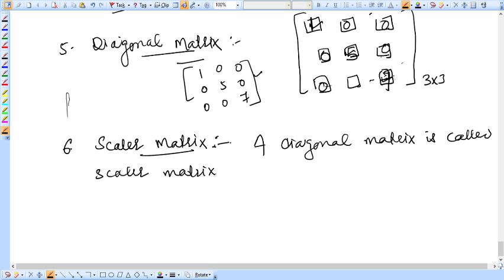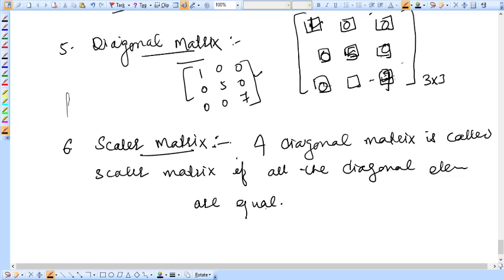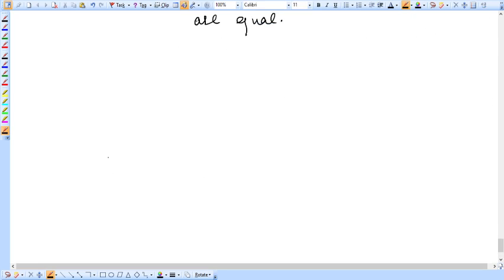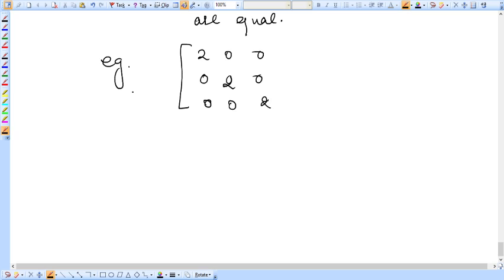Matrix, if all the diagonal elements are equal, for example, 2 0 0, 0 2 0, 0 0 2.